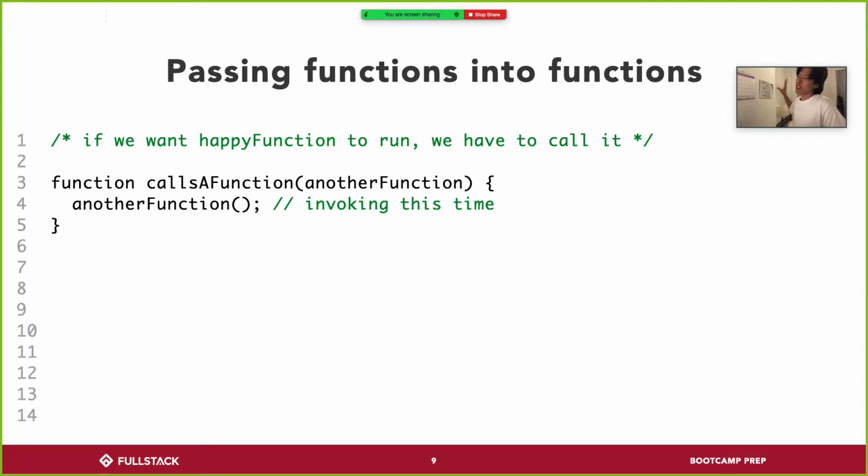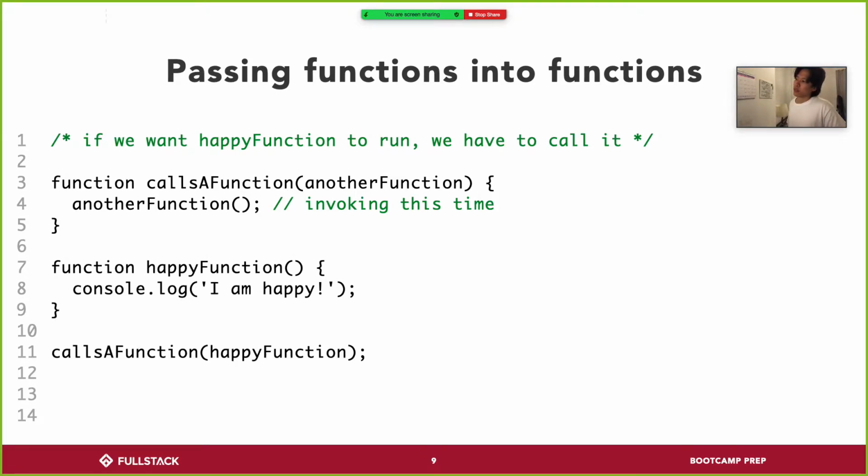And you don't even have to write that code. Somebody else wrote that code and they're allowing you to use that function and saying, look, give me a function to run when I see fit. And that function will be the one that's invoking it. Any guesses what this will log?